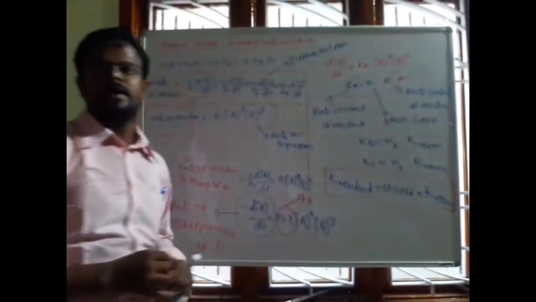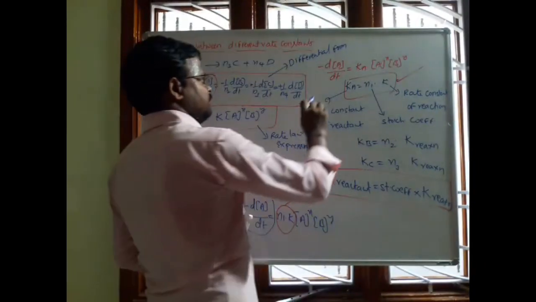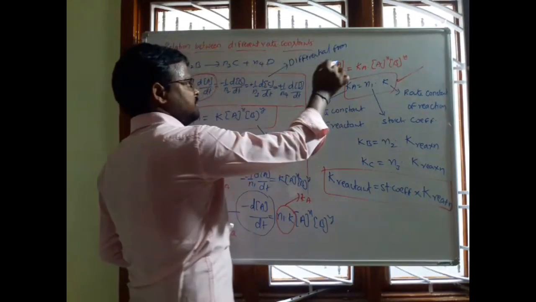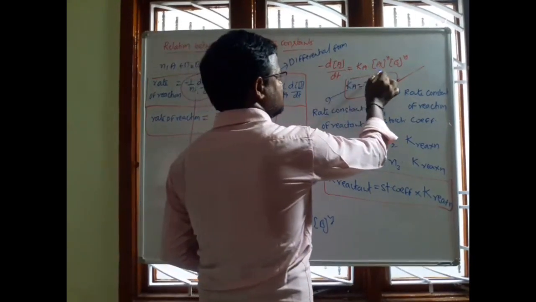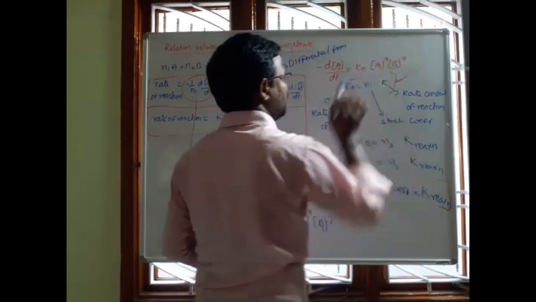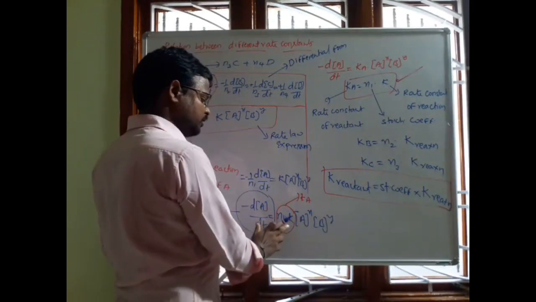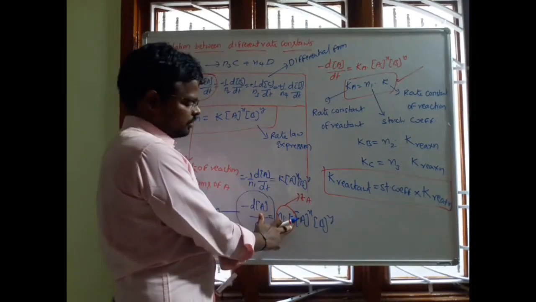This is the rate of disappearance of A, equal to Ka into concentration of A power x into concentration of B power y. What is Ka? Ka is the product of two constants, which is also a new constant.